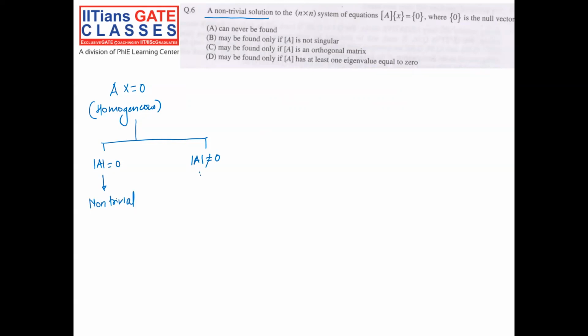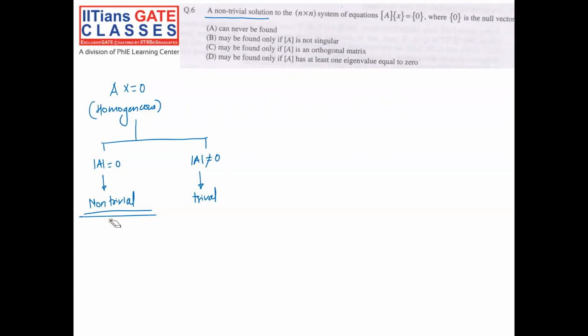And if it is not 0, it means we'll get a trivial solution. The other words for trivial are unique or 0 solution, and other words for non-trivial are infinite number of solutions or non-zero solutions. So we are specifically looking for this case, non-trivial, which is asked in this question.